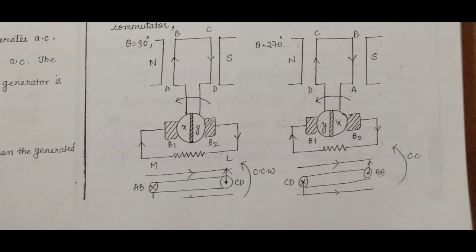And under the south pole, the conductor AB carries a dot current. So again the direction is counterclockwise. At 90 degrees and 270 degrees, counterclockwise torques are produced. At two places the counterclockwise torques are produced, so the machine starts rotating.